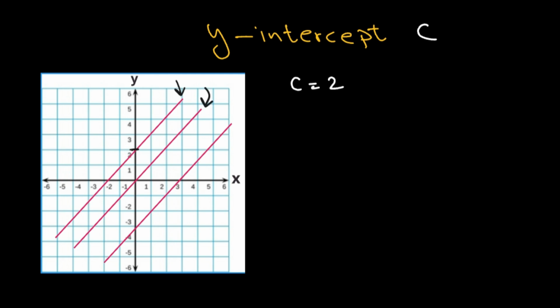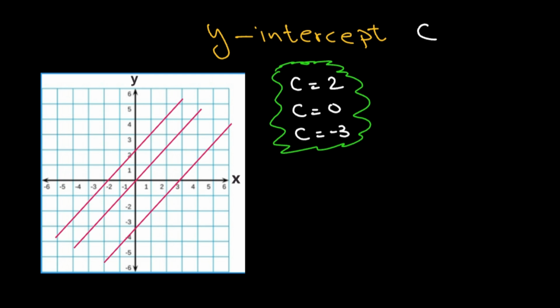Now the y-intercept of the second line equals 0 since the line passes through the origin. Now the third line has a y-intercept of negative 3 since the line intersects the y-axis at y equals negative 3.